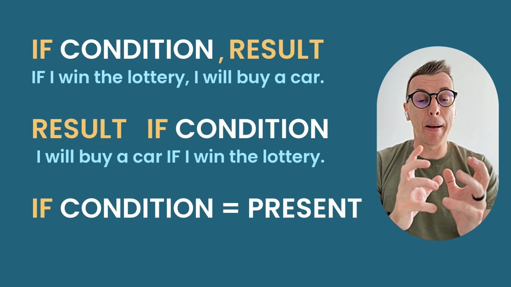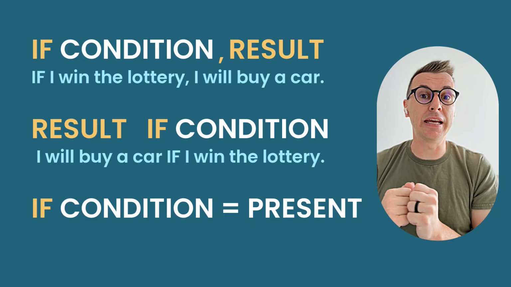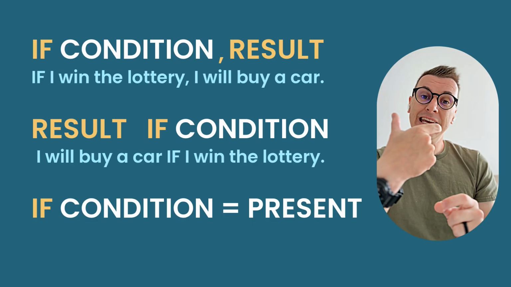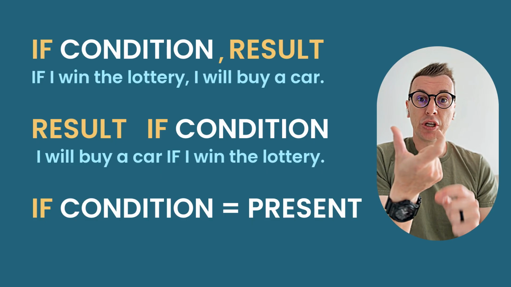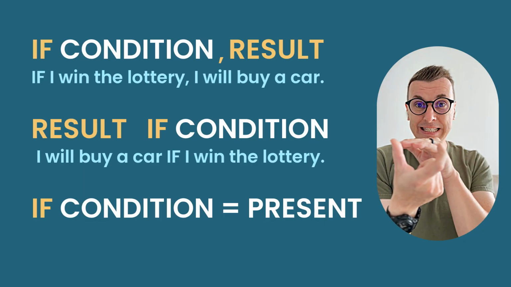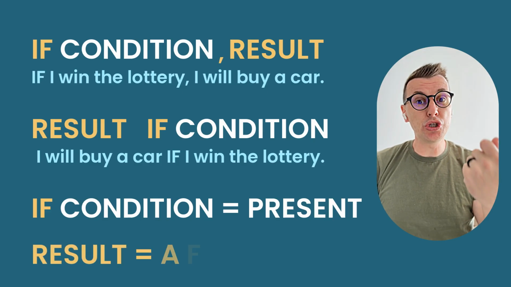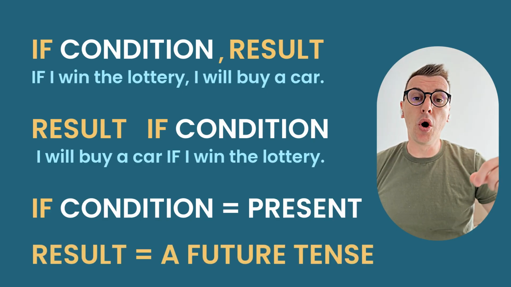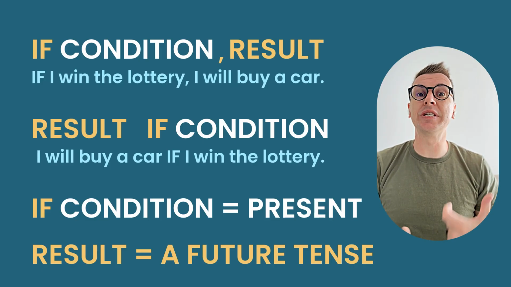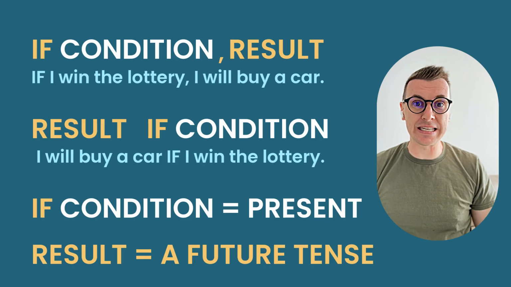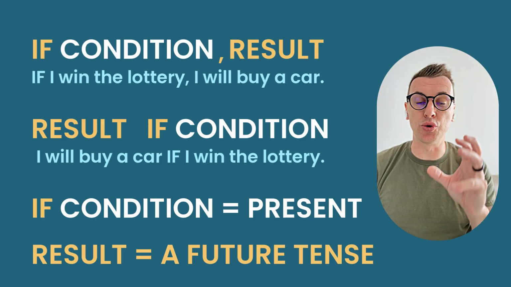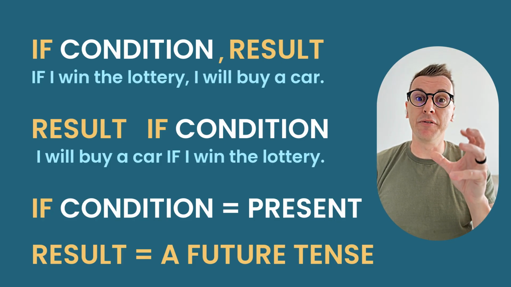We'll talk about these examples in the future. So, in the conditional part, you have to use a present tense. In the result part, you usually use will or anything that is associated with future tenses. Again, we'll get back to this in the future.